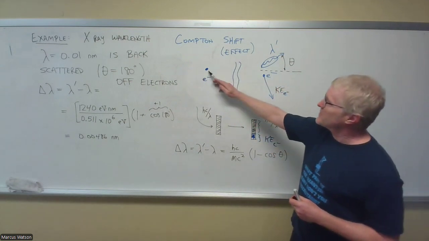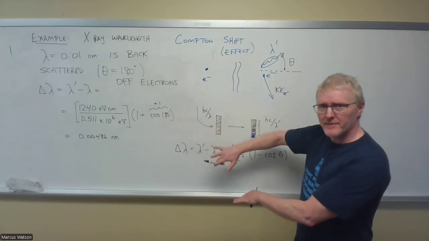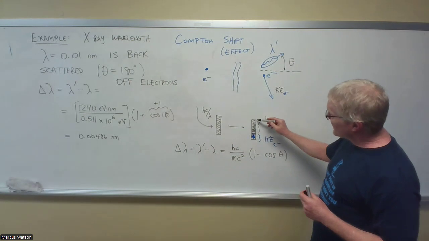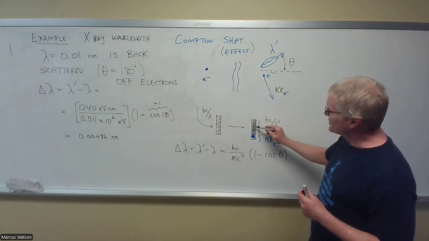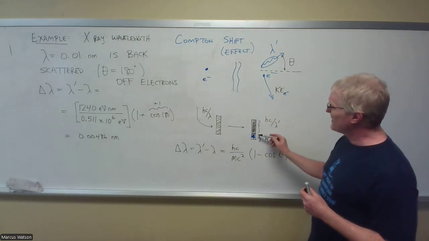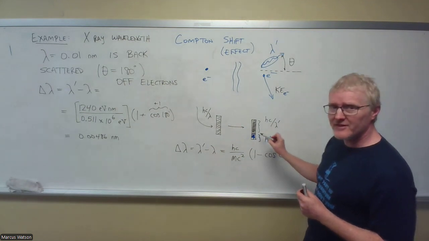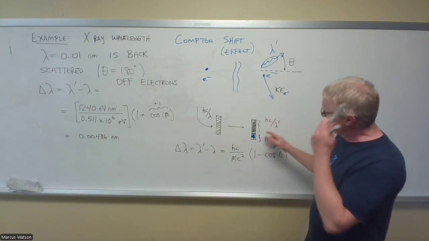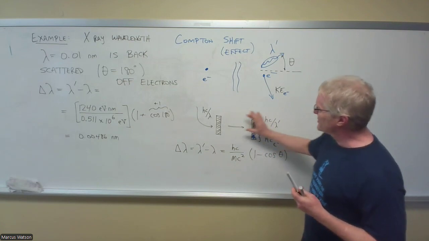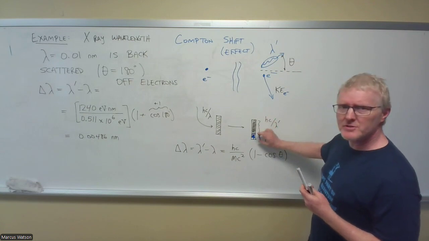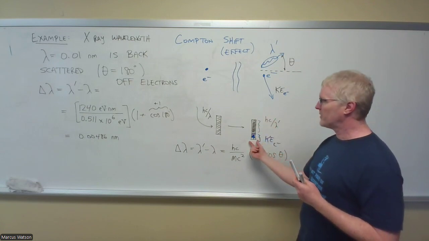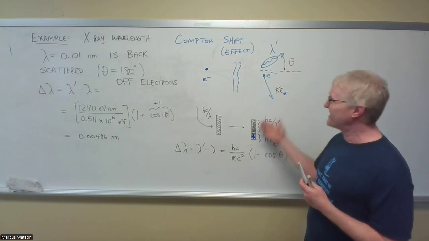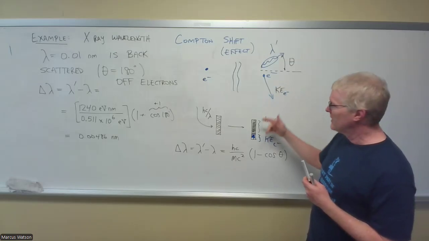And remember, we have rest energies for the electron on both sides, and they both drop away. So here on the hc over lambda prime side, this here is the outgoing photon energy, and it's leftover kinetic energy. Anything that's not included. It's just kind of like thinking about the photoelectric effect, right? You can think of the incoming photon energy, and then it gets divided up into two things. In the photoelectric effect, we had the leftover energy becoming kinetic energy in the electron, and that's essentially what's happening in this case.